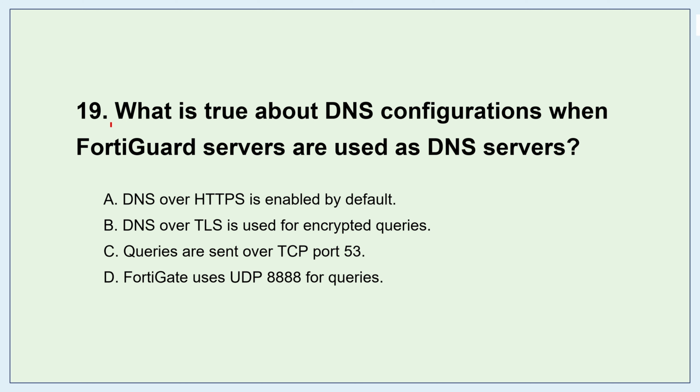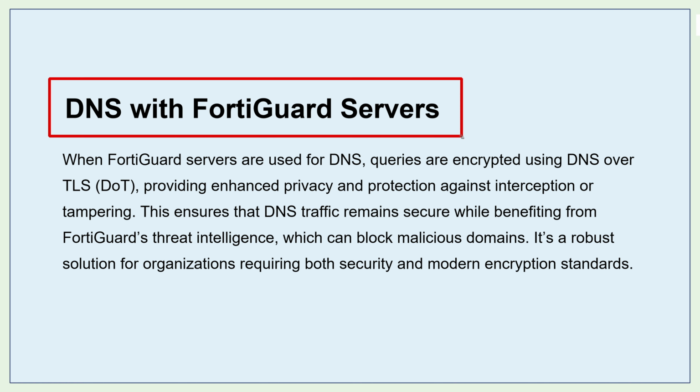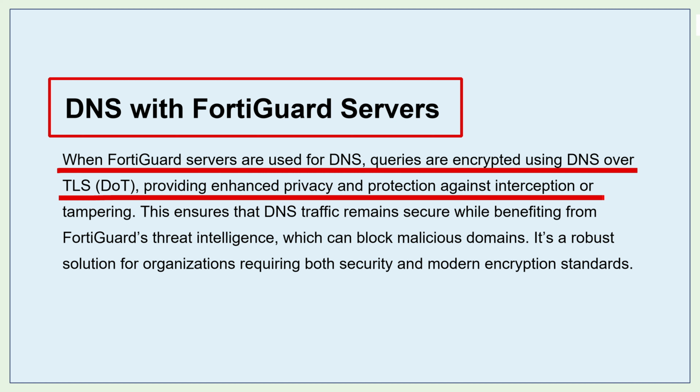Question 19. What is true about DNS configurations when FortiGuard servers are used as DNS servers? The knowledge points of this question are: secure DNS configurations. FortiGuard servers encrypt DNS traffic using DNS over TLS, keeping it private and secure.